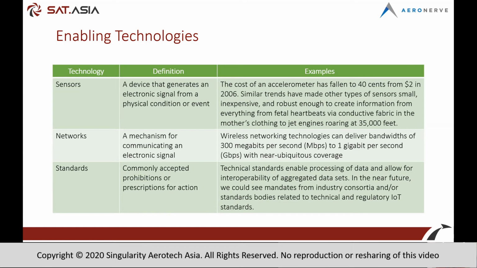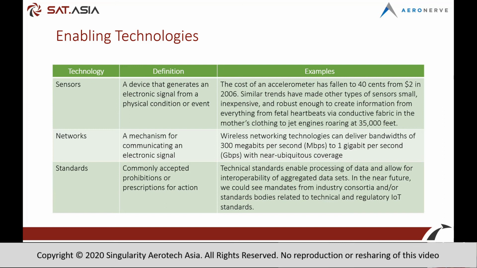The next technology is standards. What are standards, actually? By definition, a standard is a commonly accepted prescription for action. So they are like guidelines, not really guidelines, but close to that. The way you communicate has to follow certain standards. The way you pick your sensor has to follow some standards, and other higher-level requirements.